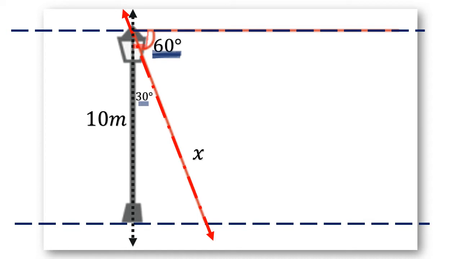Now, with a 30-degree angle, and finding out the relationship of the rest of the details mentioned, as you can see, the 10 meters here is considered the adjacent side of the given triangle, and the x here is considered the hypotenuse. Now, recall what trigonometric ratio pertains to the use of adjacent side and hypotenuse.